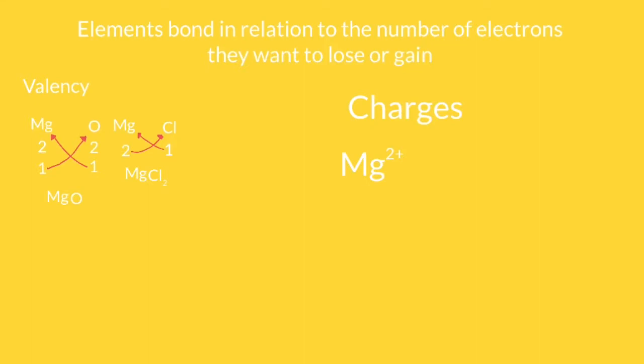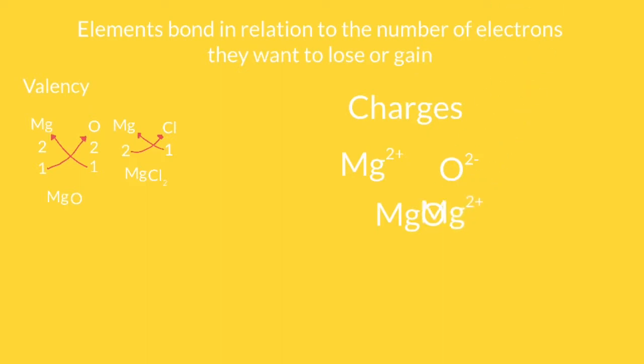The charge of an oxide ion is generally O2-. And if we want to get this to be neutral, then MgO, where you've 1 magnesium and 1 oxygen, will make these two charges cancel out exactly. 2+ cancels out the 2- to give you a 0 overall charge.